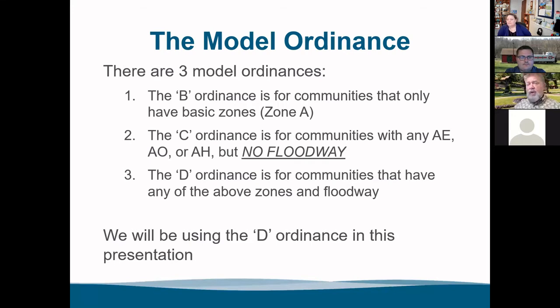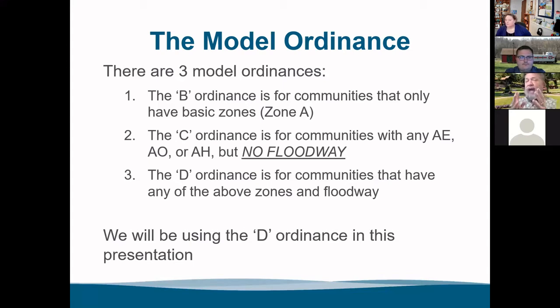The thing about the D ordinance is the D ordinance covers everything dealing with the floodway, with AE zones and how to calculate elevations and the like, but also if you've got an AE zone, you probably also have some A zones. So it covers everything that's in that model ordinance for B, plus it has the extra stuff for floodways and for AE zones, for AH zones and for AO zones and the like.